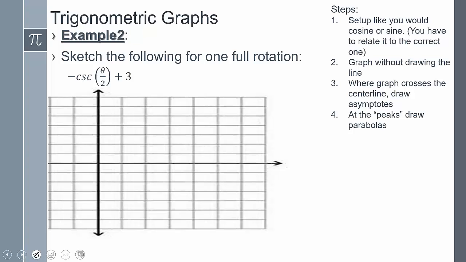Let's do another one. So I know that there's a reflection. I know because it's cosecant, it's sine. So drawing my sine parent graph, I know I have a vertical shift of 3. So I can take the theta over 2, put that between 0 and 2 pi, multiply everything by 2.